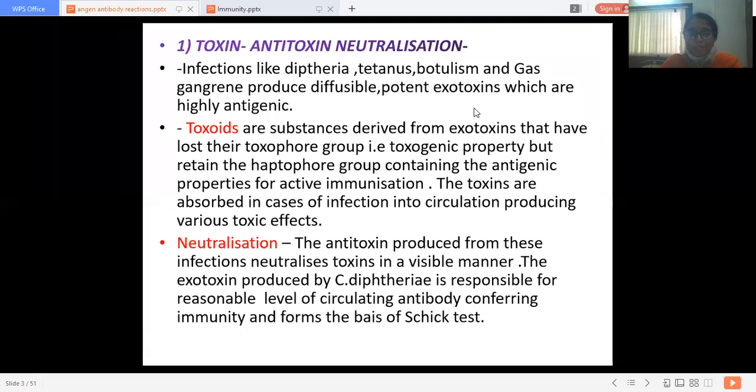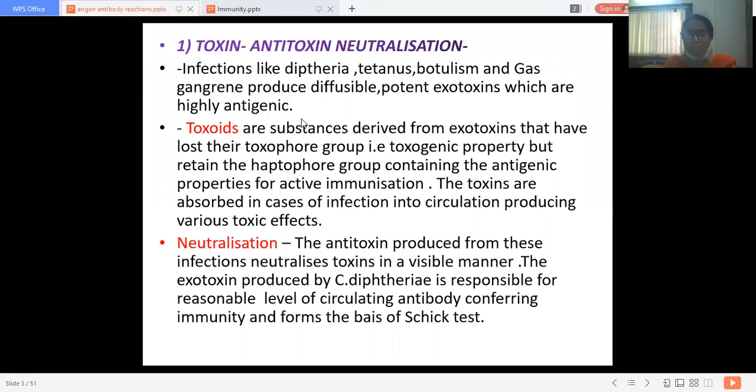The toxins are absorbed into the circulation in cases of infection, producing various toxic effects in different parts of the body.